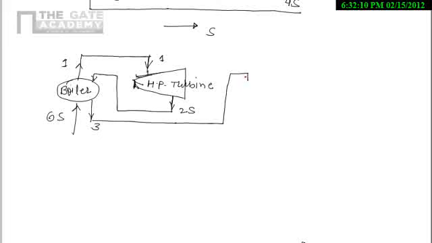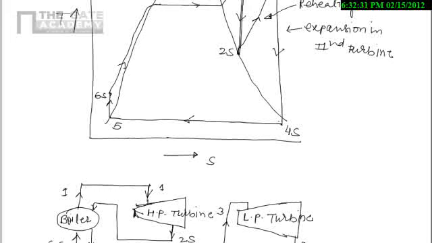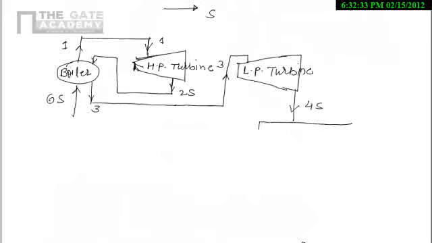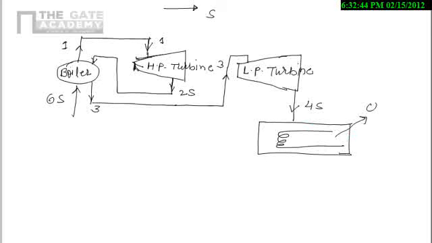So now this steam will enter into the low pressure turbine, and after expanding we are having 4s, and this 4s will pass through the condenser. Here we are having the condenser, which will reject Q2.